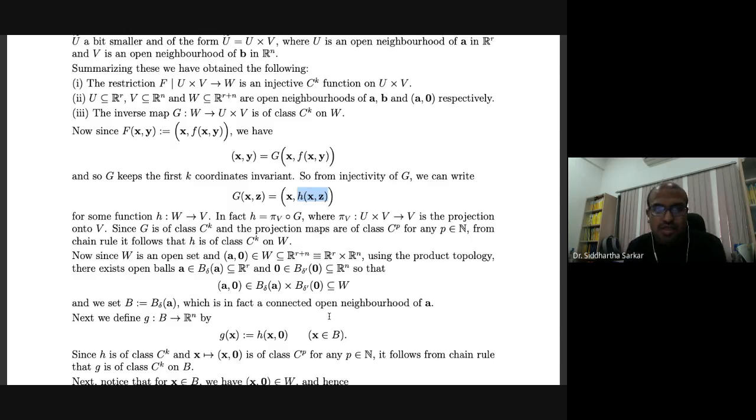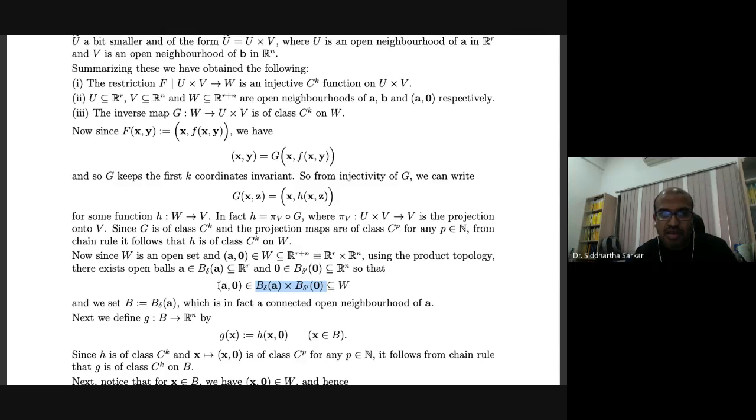So now I have this open set W. I would try to split it somehow. This is an open neighborhood of the point (a, 0). Okay, so if it's a neighborhood of (a, 0), again just by using the product topology as I spoke of earlier, I should be able to find a basic open set which looks like an open ball around a cross an open ball around 0.